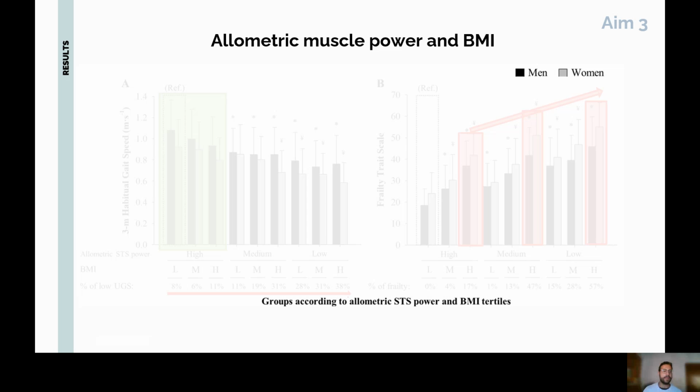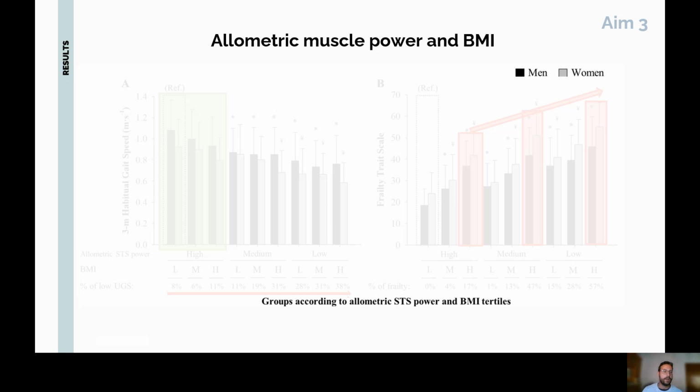Not only that, but the prevalence of having a low usual gait speed increased as we decreased the level of allometric STSS power. And this was independent of BMI.